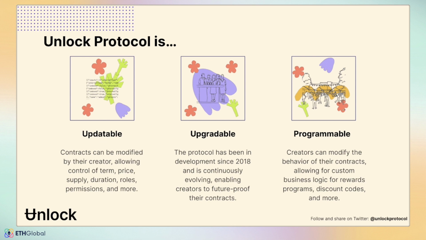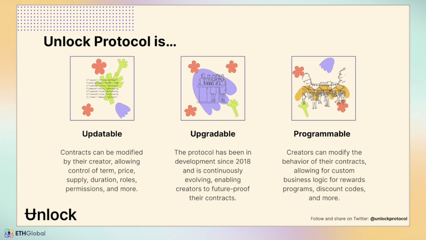Finally, and this is really an interesting aspect here, the protocol contracts, the public locks, as we call them, are programmable. They're programmable because we realize, as a developer, you might want to build custom logic into your membership contract. So we do that with a system of hooks that allow developers, and maybe even at some point creators, to add or change the behavior of the smart contract based on some characteristics.